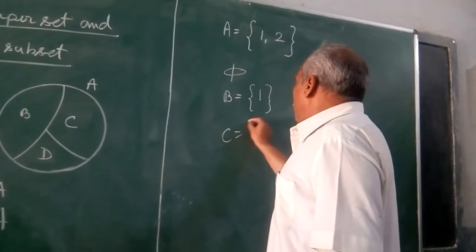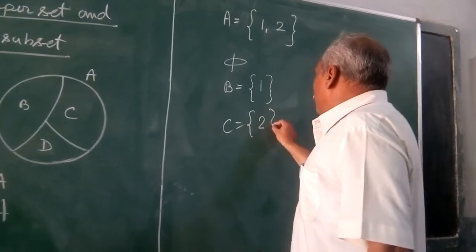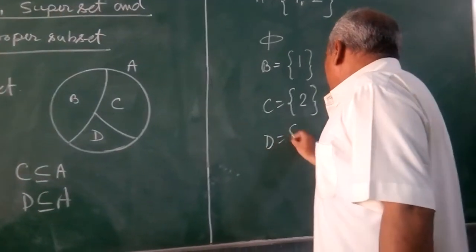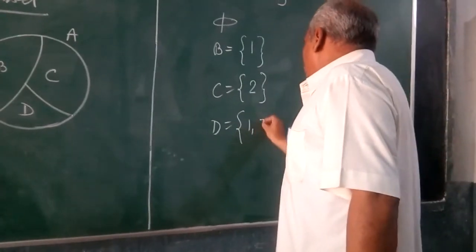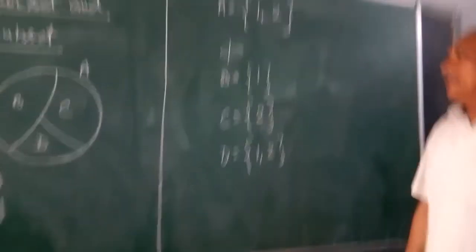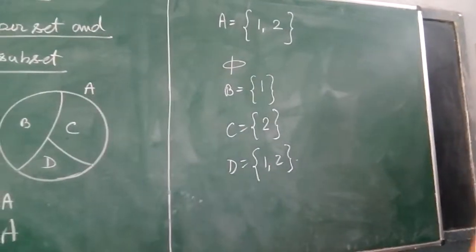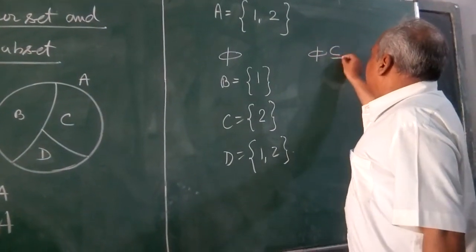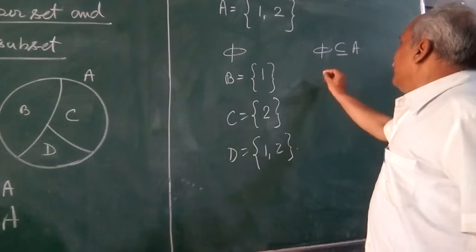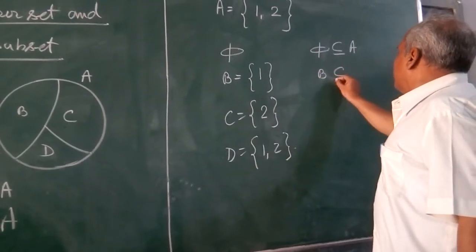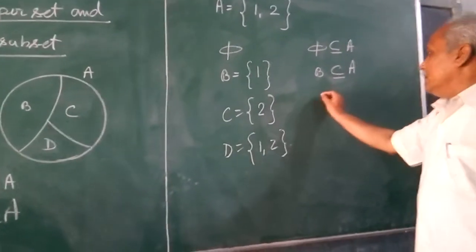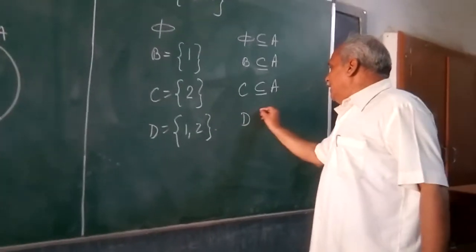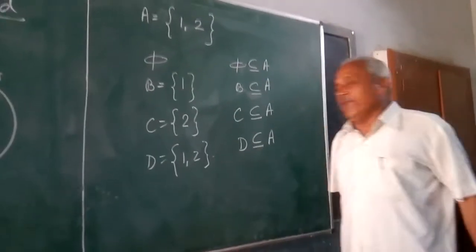C, suppose we have taken 2. It is also a set. Suppose I take D, both the elements are taken, 1 and 2. Therefore, in the mathematical way, phi is a subset of A, B is a subset of A, C is a subset of A, and D is a subset of A.